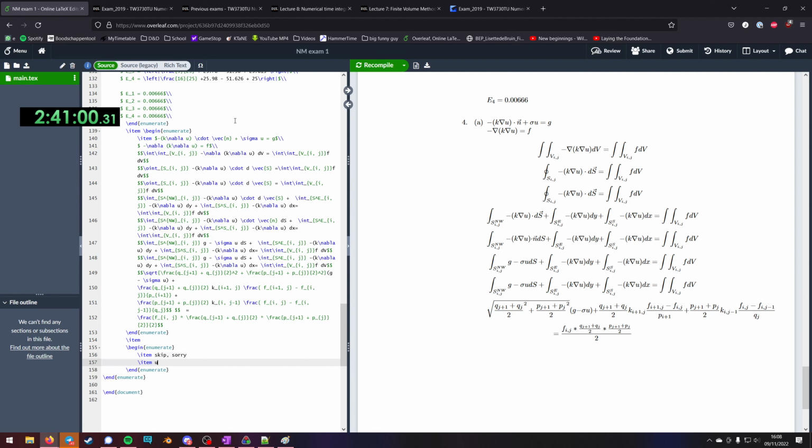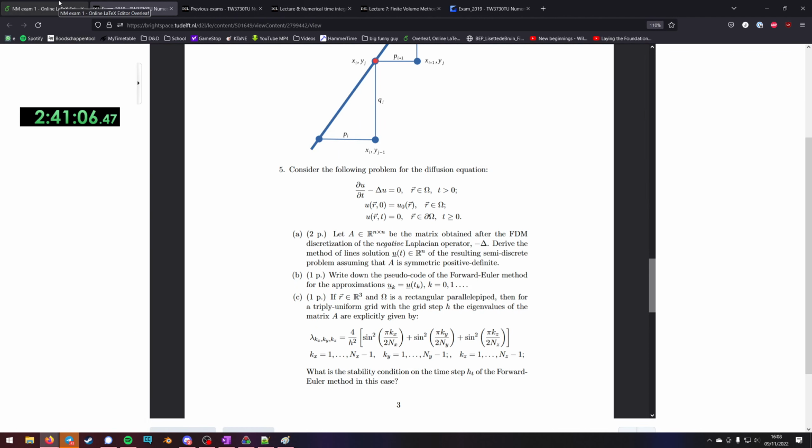So I'm just going to write down the formula of forward Euler by heart and see if I'm correct.